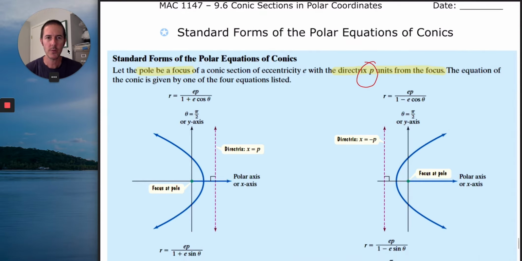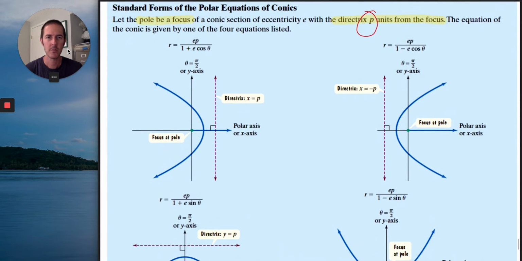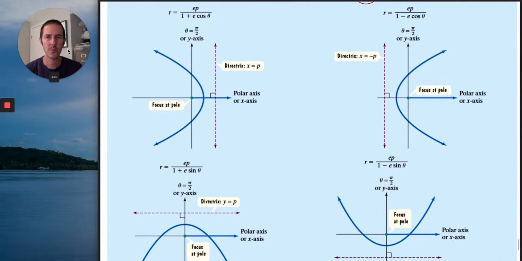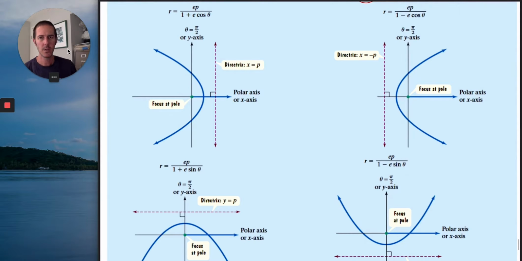And the equations for these conics are a little intimidating looking, for me mostly because they look so similar to each other. But let me point out to you the 2 key differences between these 4 equations. Right at the top left part of your screen, this equation has in its denominator a plus sign, and we're using the cosine function. To the right of there, this equation has a minus sign, but is still using the cosine function.